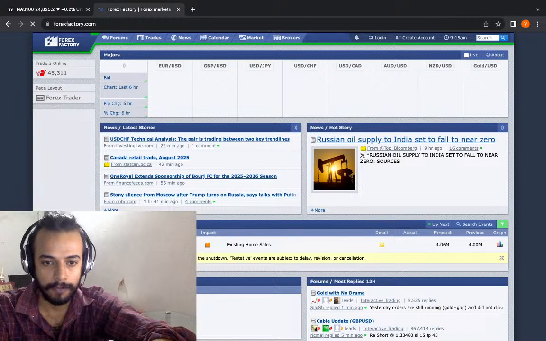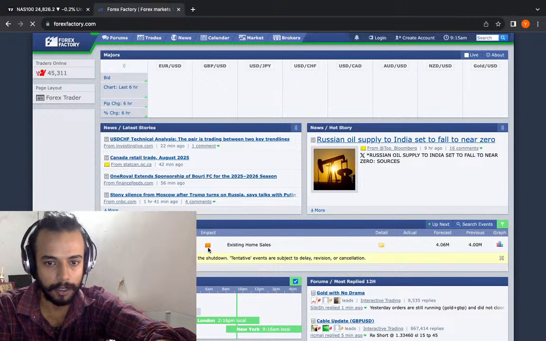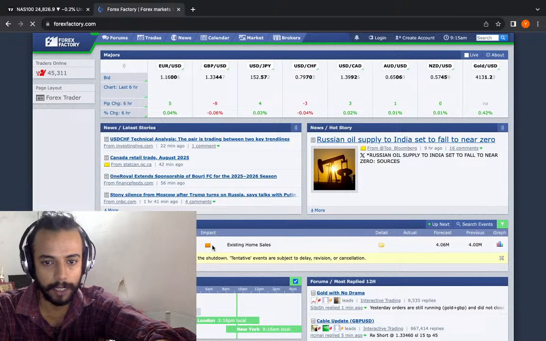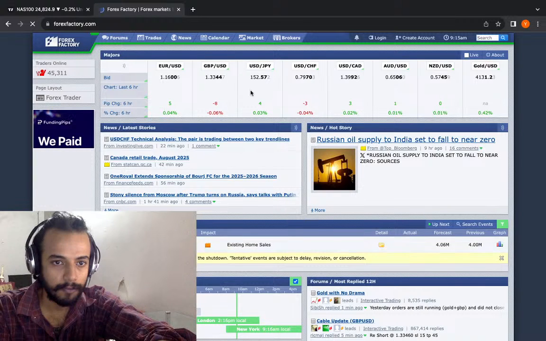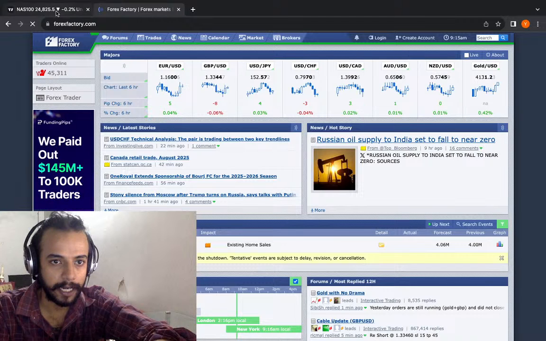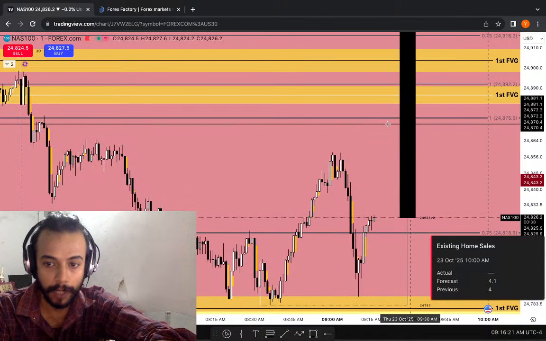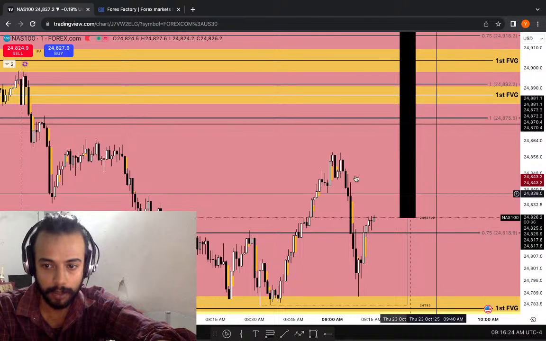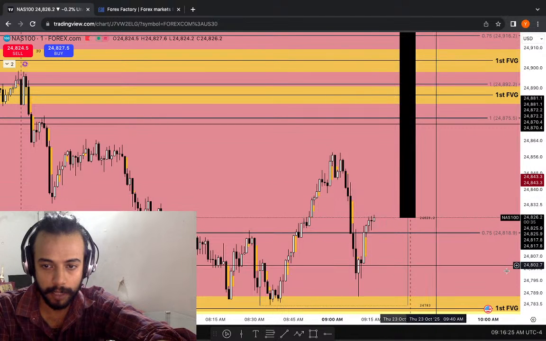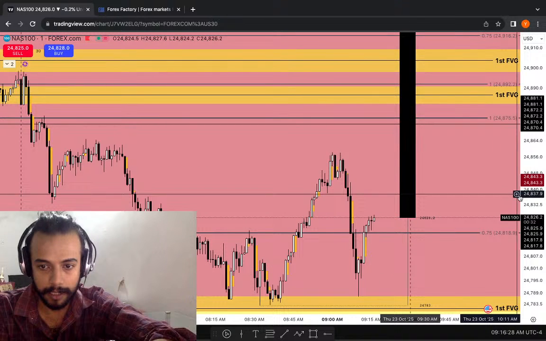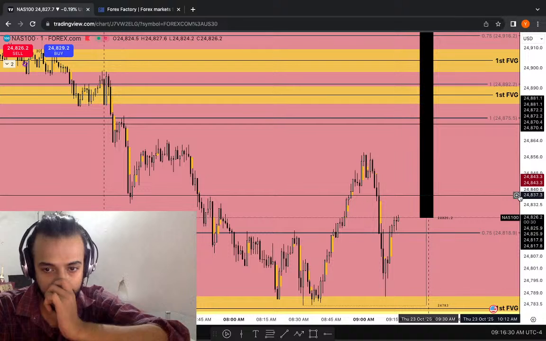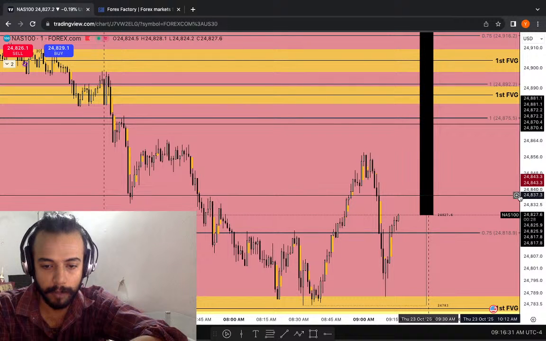Okay, so we have existing home sales at 10, which is a medium impact news. So I don't care what's the forecast and what's the actual, and I don't care about the numbers. For me, the matter of fact is that at 10 they are going to manipulate it. Okay, they are going to do some kind of manipulation. That is my whole objective of tracking this high or medium impact news.